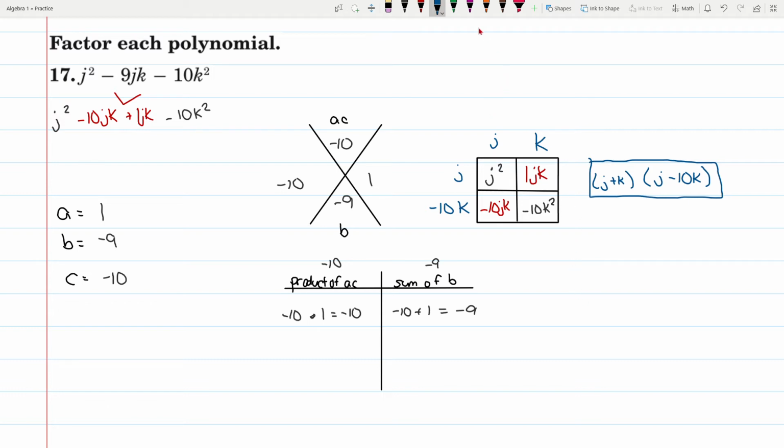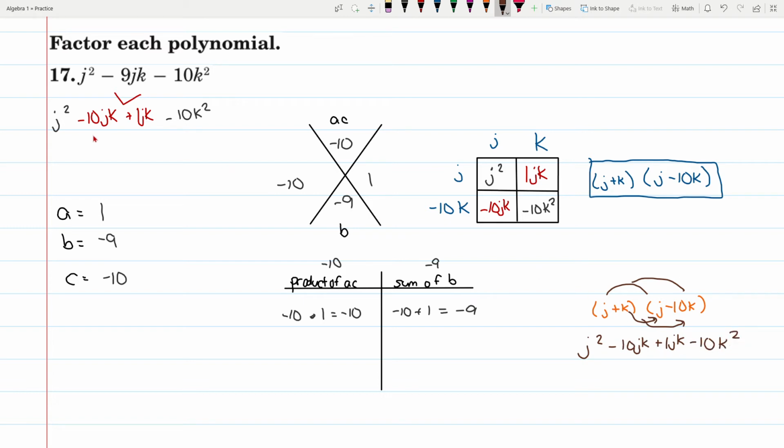Now, any of these, if you don't feel comfortable with the answer, could you go back and check? Sure. If you look at j plus k times j minus 10k and undo this, if I multiply this out, I would get j squared minus 10jk, and then the k would be plus 1jk minus 10k squared.